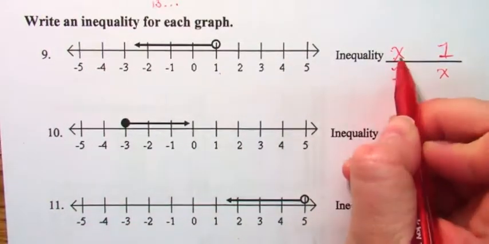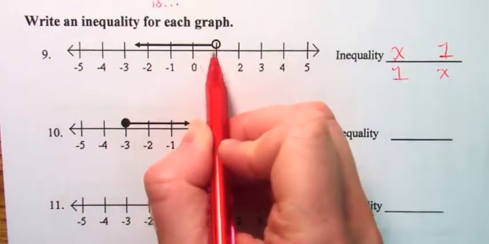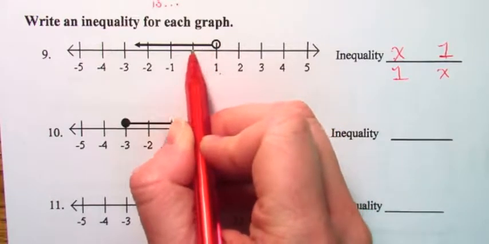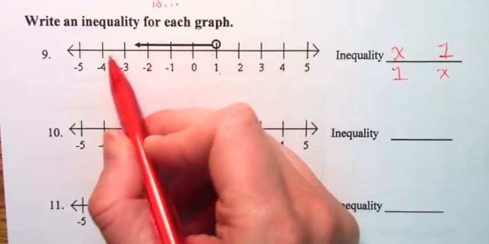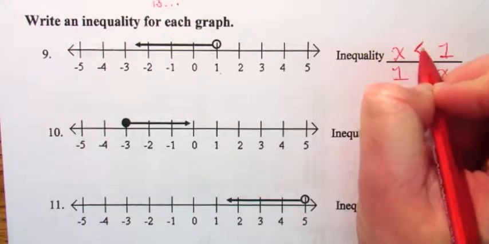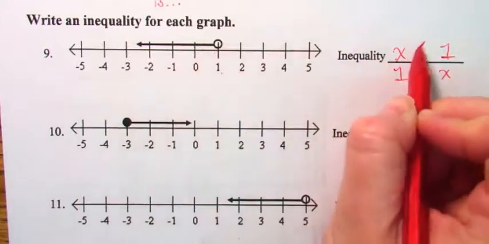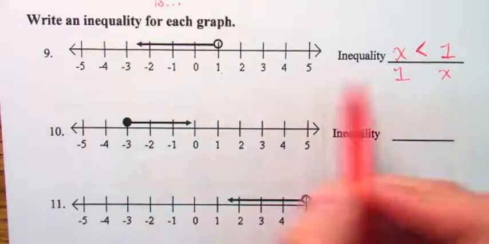Now, I do it first. So I say x is something than 1. And I look over here. Is x greater than or less than 1? Well, the arrow is pointing to numbers that are all smaller than 1. So to me, that says the x, that unknown number, is less than 1. And I look back. It was an open circle, which means I do not need to put that equal sign under it. Now, if you like to do your number first, think about what this says.